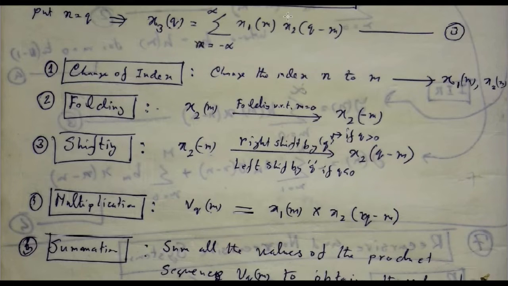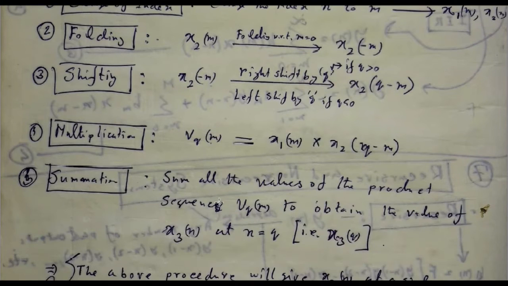Next is the multiplication inside the summation. You already have x1[m]; multiply it by x2[q minus m], this shifted version, and consider the product as v_q[m].